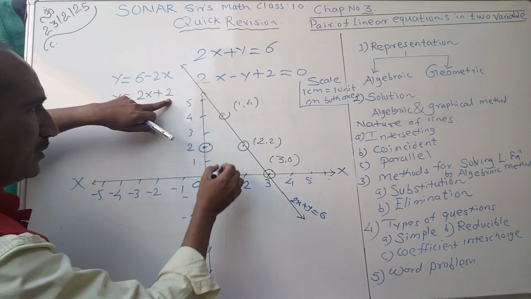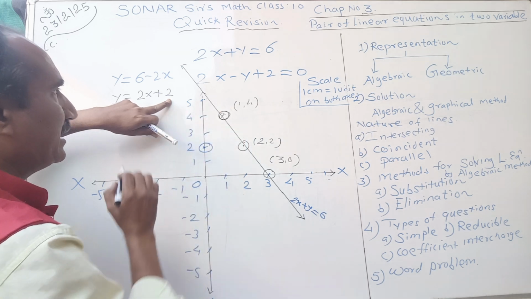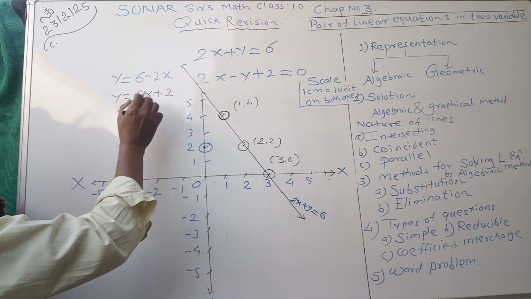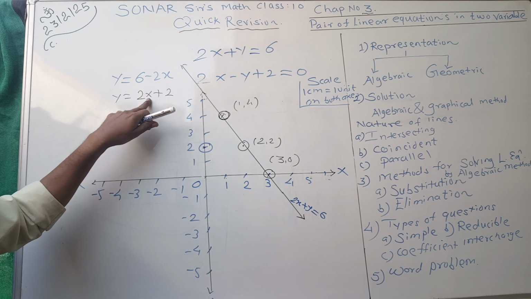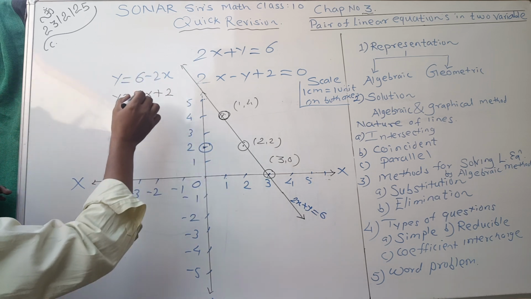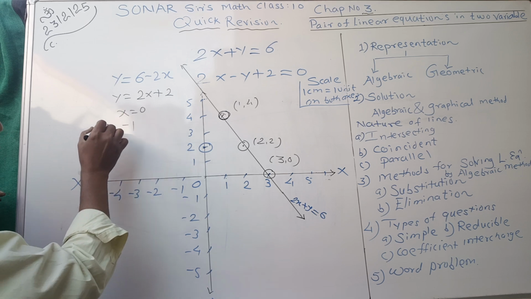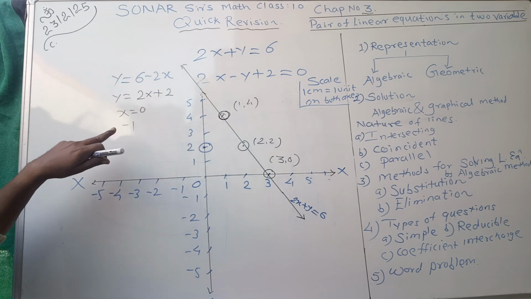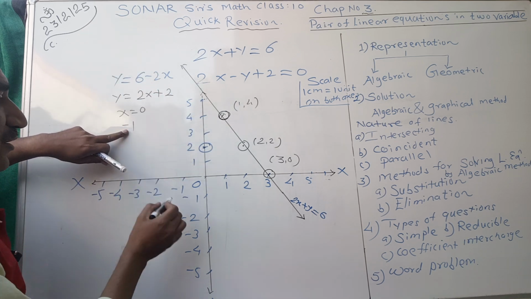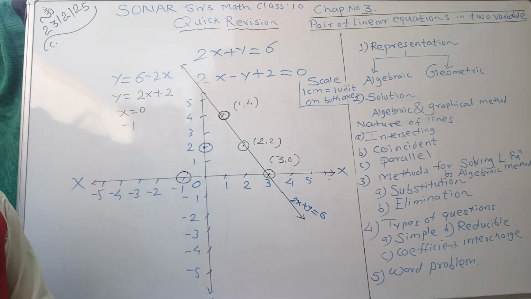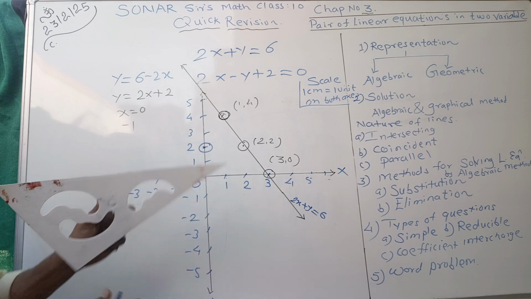So (1, 4) will be the second point, which is the intersecting point. If I consider 3, it will be larger, so in place of that we can consider x equals minus 1. So minus 2 plus 2 becomes 0. So the point (minus 1, 0) will be there. So we have to draw again one line which is intersecting.